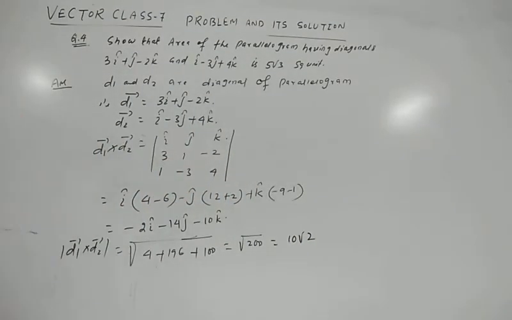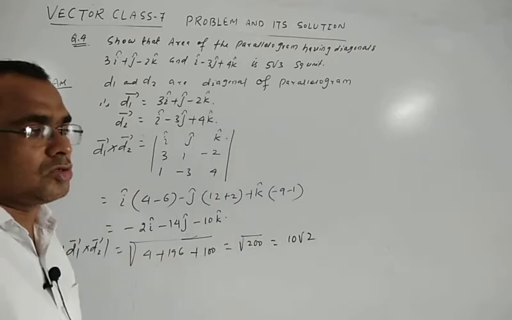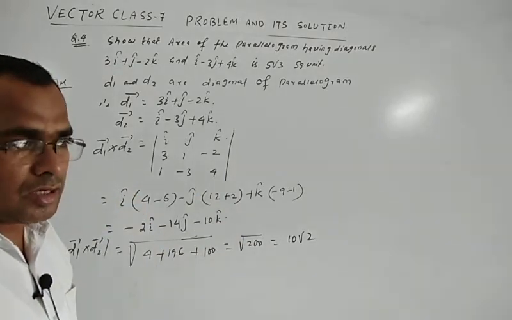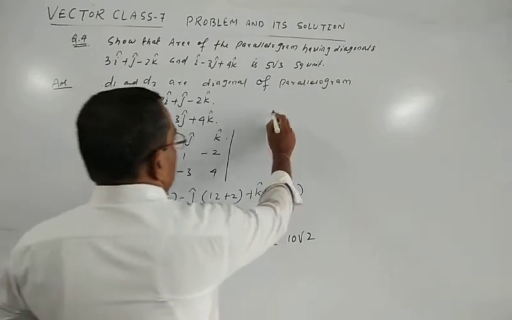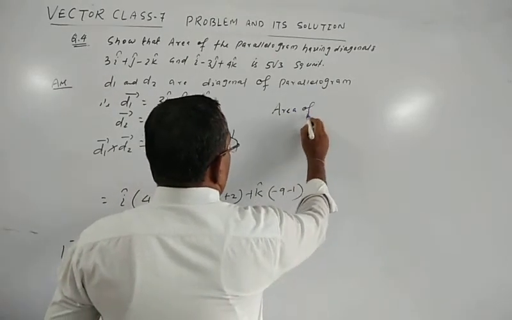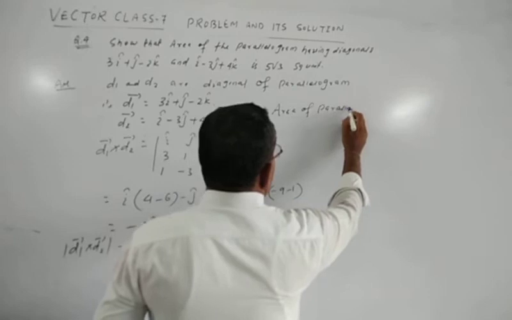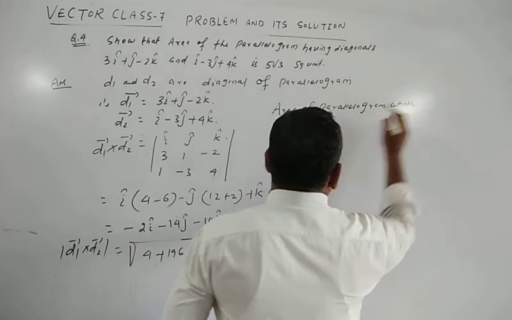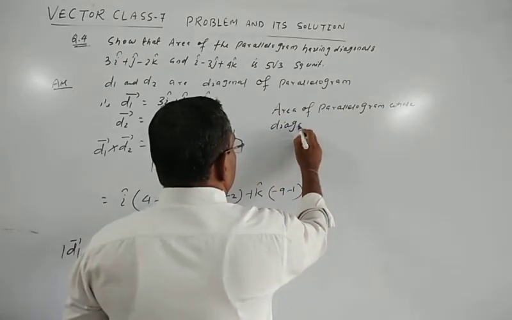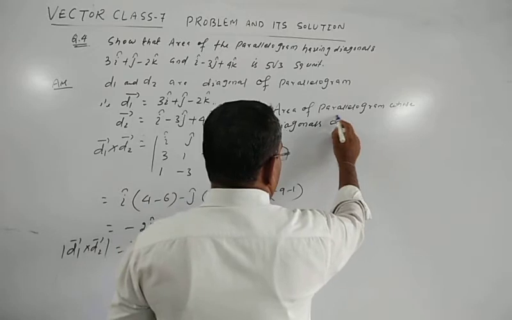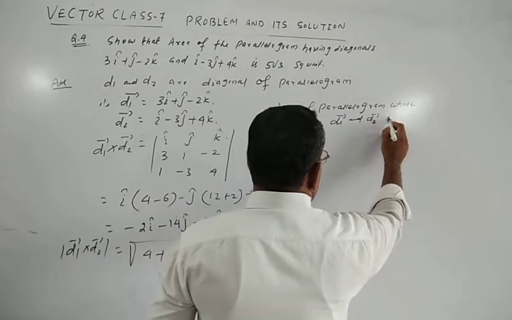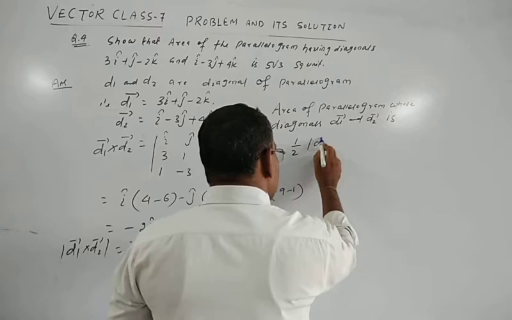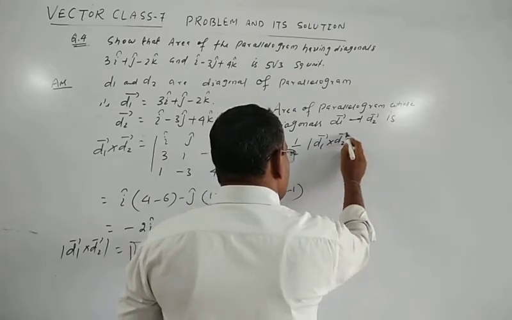But you know the area of a parallelogram whose diagonals are d1 vector and d2 vector is half into the magnitude of d1 vector cross d2 vector.